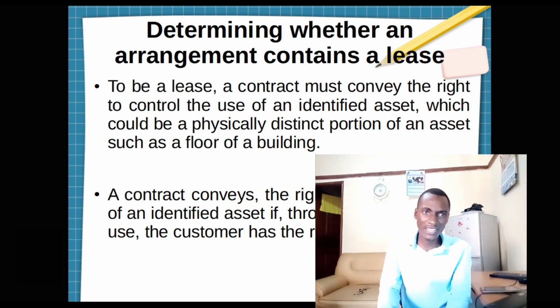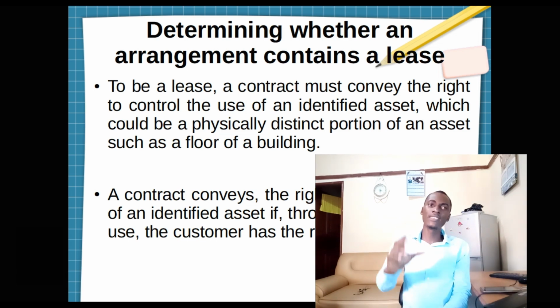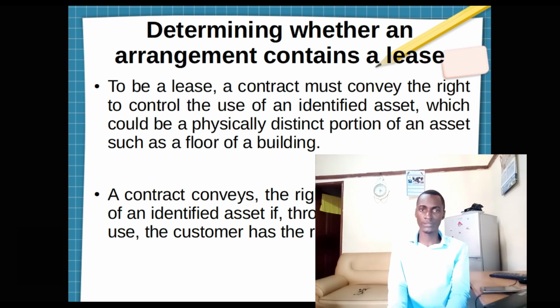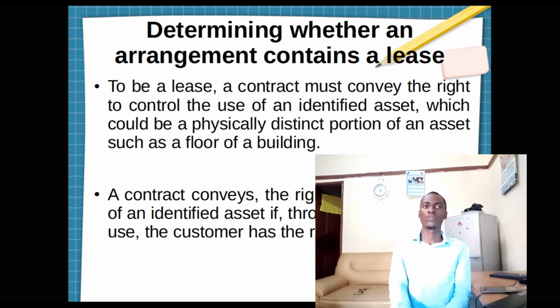Of course, the identified asset could be a physically distinct asset, or it can be part of an asset, such as a floor of a building. So we look at the transfer, we look at the right of control, the use of the identified asset.